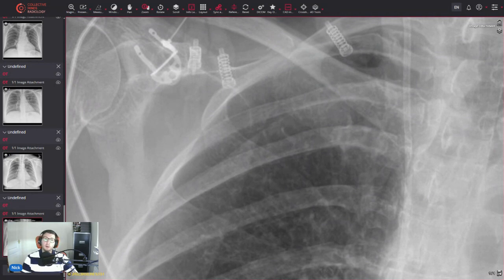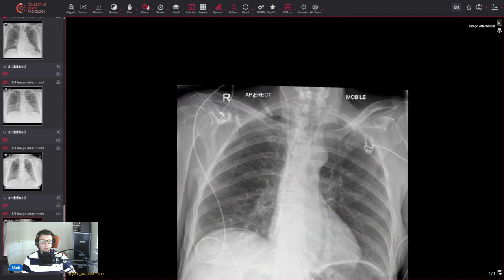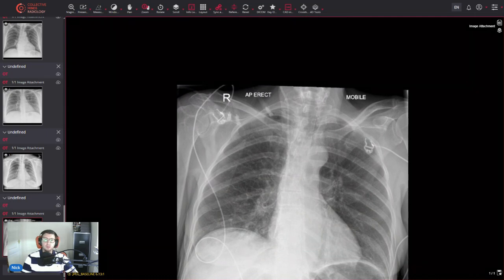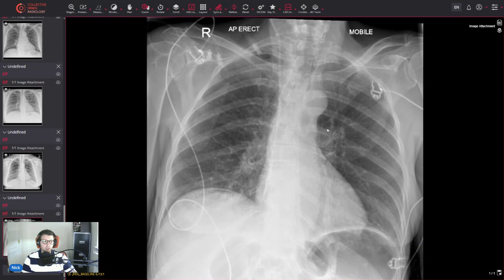Whereas this, there are. So always check to make sure you can see those lung markings. And particularly for patients that are done portably, and that are AP erect, sometimes they may be slumped back in the chair, so quite prone to having these skin folds. So it's really important just to check for those and distinguish between them and pneumothoraces.